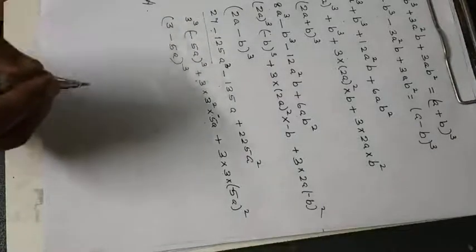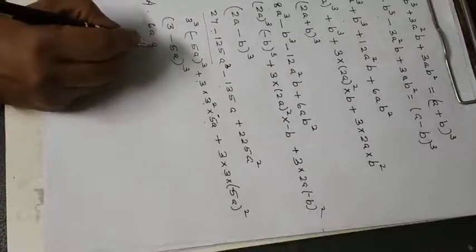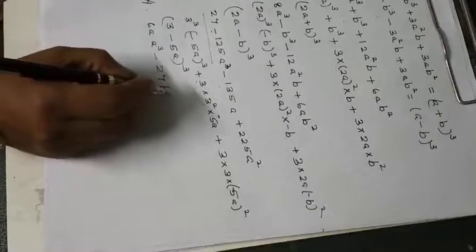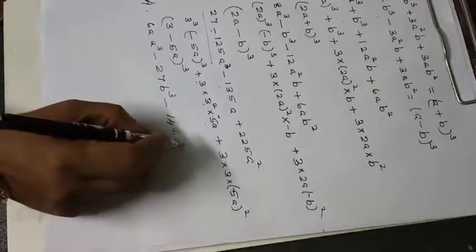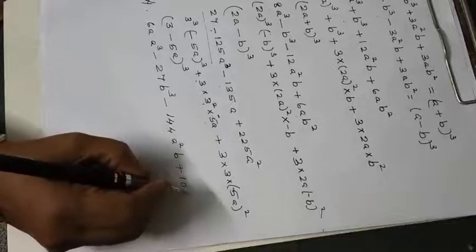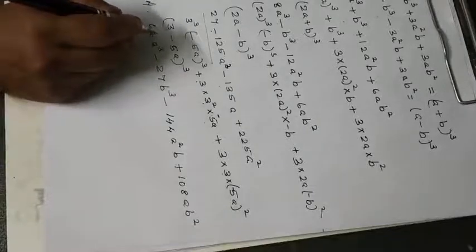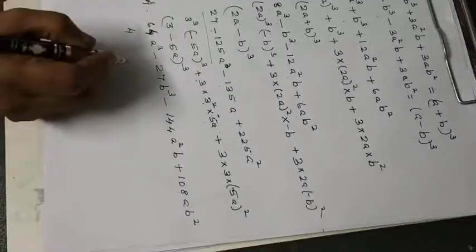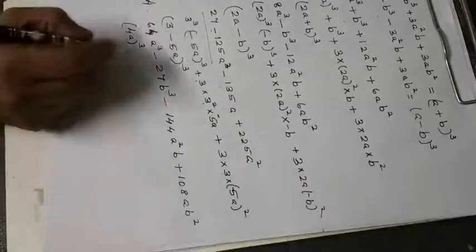Now fourth one, 64a cube minus 27b cube minus 144a square b plus 108ab square. 64 is a perfect cube, that is 4 cube is 64. So 4a cube is 64a cube.